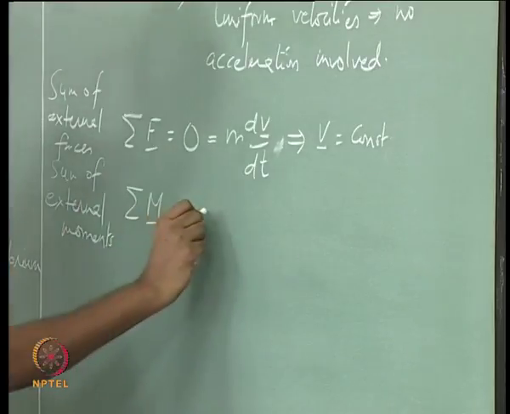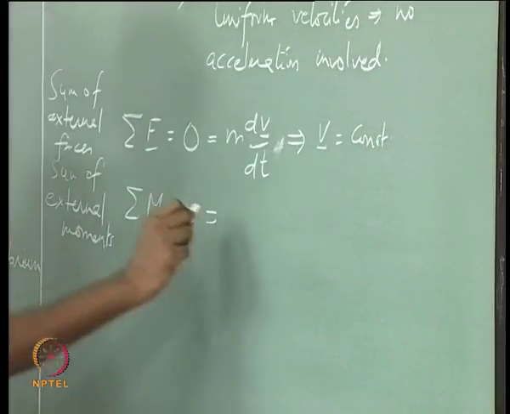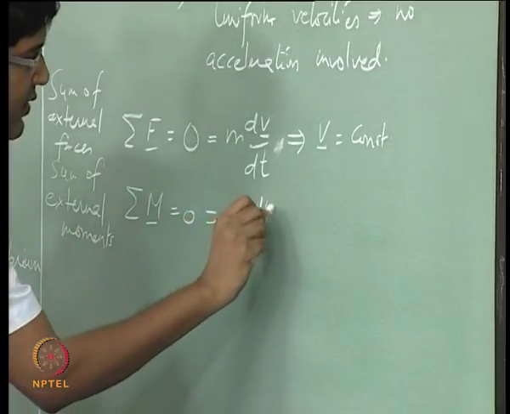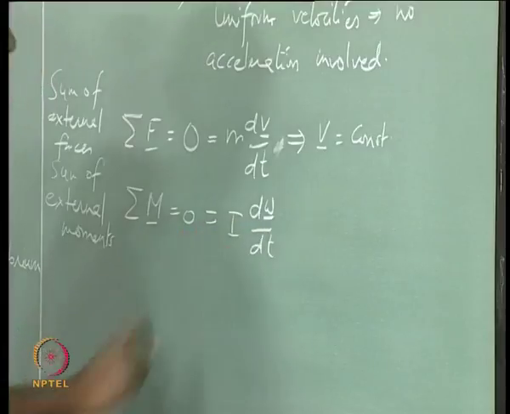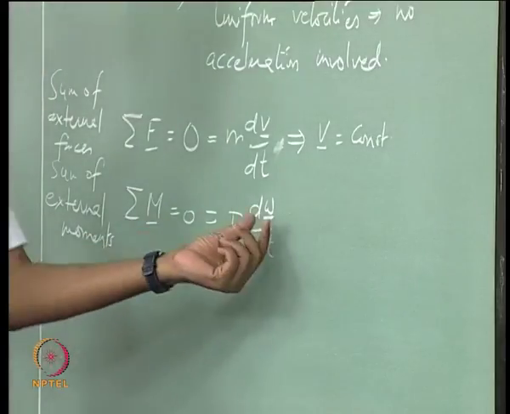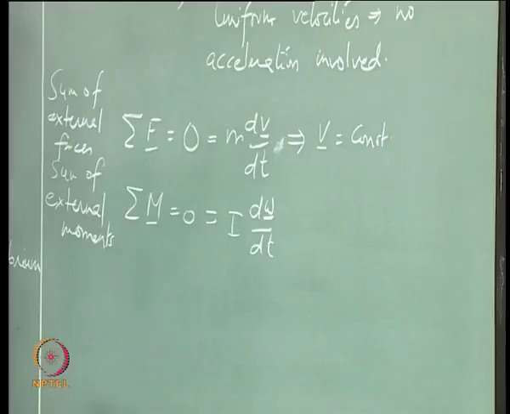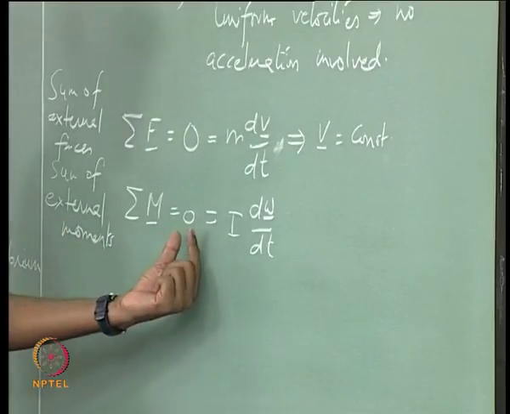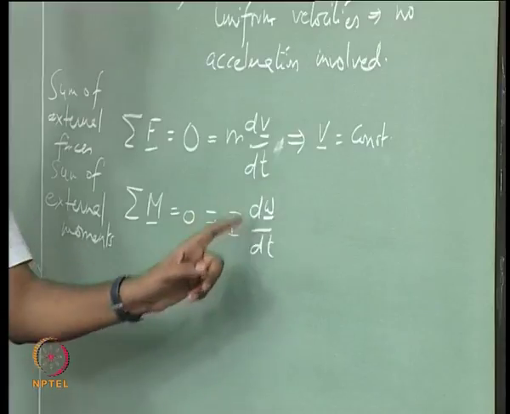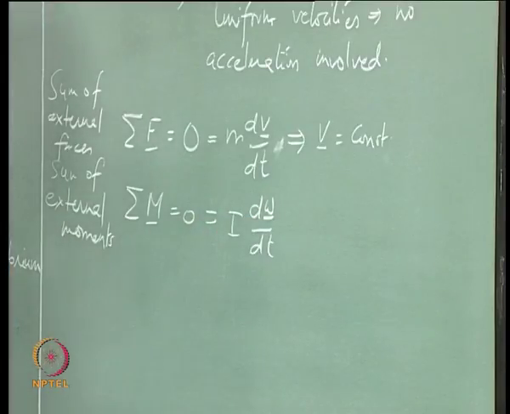This also means, if omega is the angular velocity vector, multiplied by the inertia, that equal to 0, and this ratio is giving the angular acceleration.